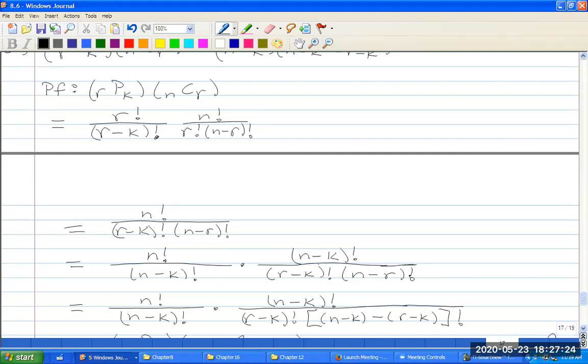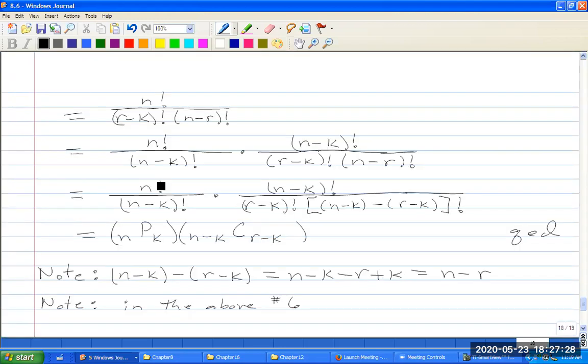So this is equal to, well, n factorial over n minus k factorial. Same thing. n minus k factorial over r minus k factorial. Same thing. Now, I can write n minus r as n minus k minus r minus k. The minus k's cancel, so that just becomes n minus r factorial.